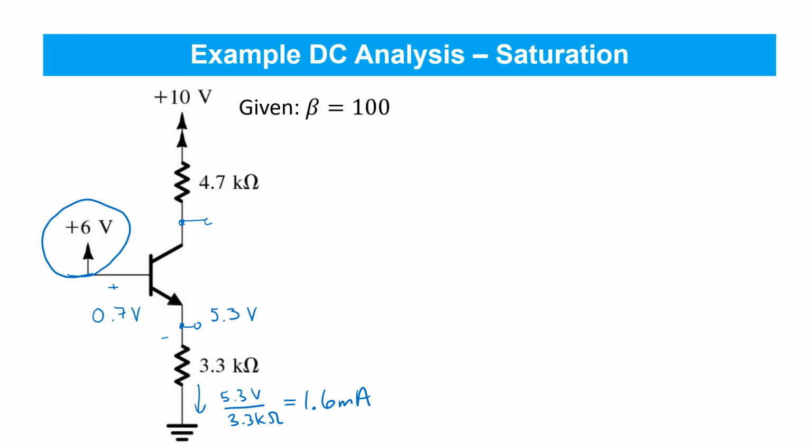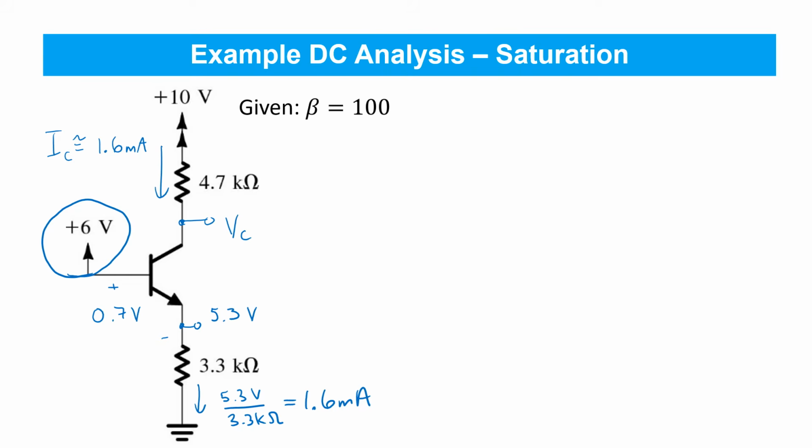Next step is to find the collector voltage that results with the collector current flowing through this 4.7K resistor. Now that collector current is very close to 1.6 milliamps, making a bit of an approximation there because really there's a constant alpha there, but alpha is about 0.99, so that's close enough.